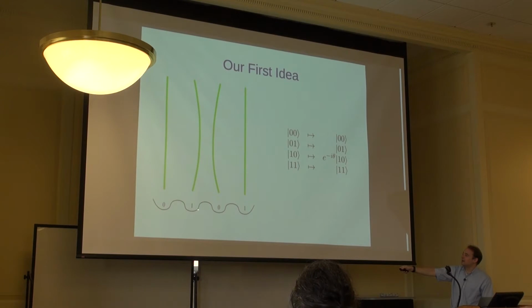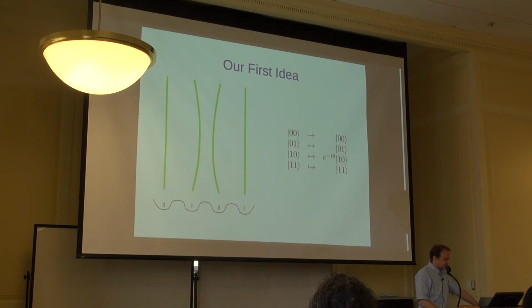But if we're occupying 1 and 0, then there's some energy which is going to induce a phase. So the 1-0 state accumulates a phase, and all the other states, nothing really happens, at least to a good approximation. This would be the gate that we make, and that is an entangling gate, and so that would satisfy the conditions of this theorem.